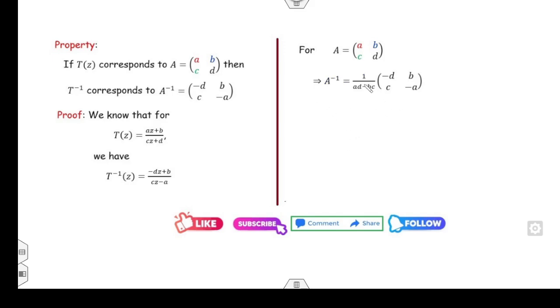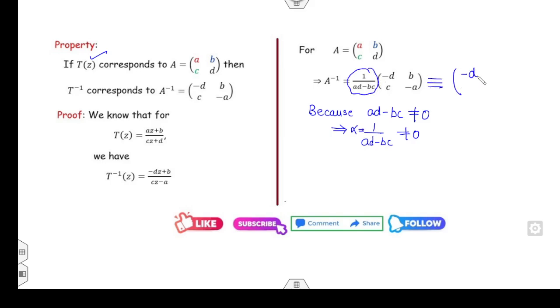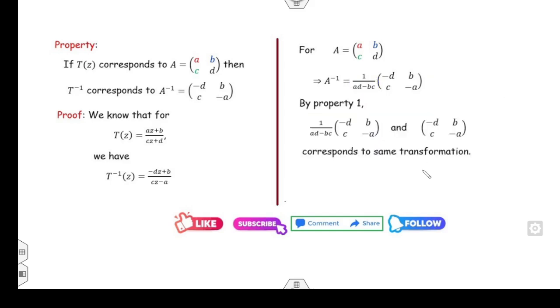Now, because we all know AD minus BC is non-zero corresponding to the Mobius transformation, that implies 1 over (AD minus BC) is non-zero. So, by using property 1, if I consider this number as alpha, then apart from the real number alpha, these are the same representation.